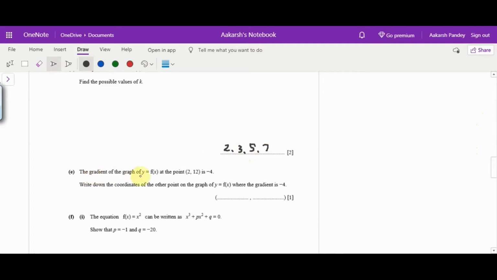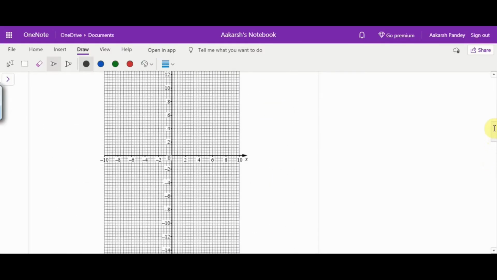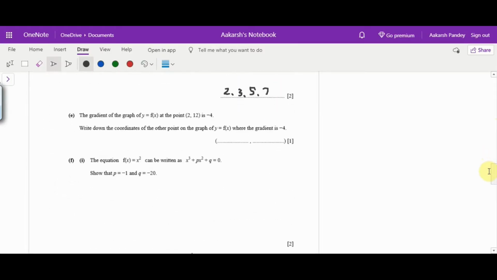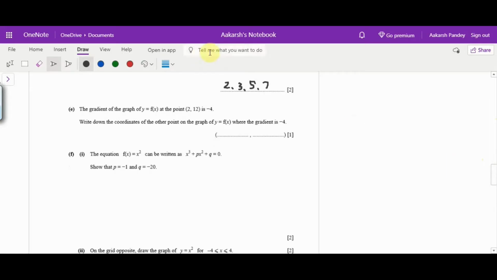Next, the gradient of the graph y equal to f of x at the point 2, comma 12 is minus 4. Write down the coordinates of the other point on the graph where the gradient is minus 4. So here actually they are asking you to solve it using the graph itself, but I would prefer that you use differentiation. My f of x given is 20 by x plus x.